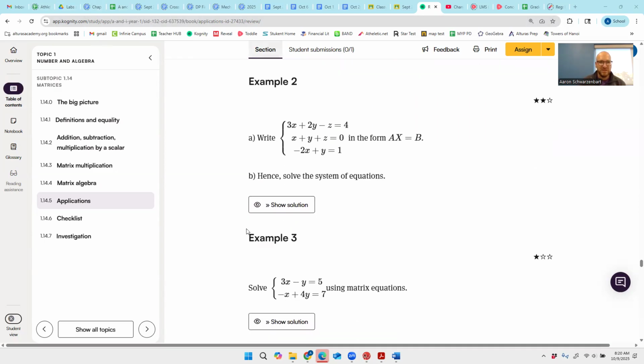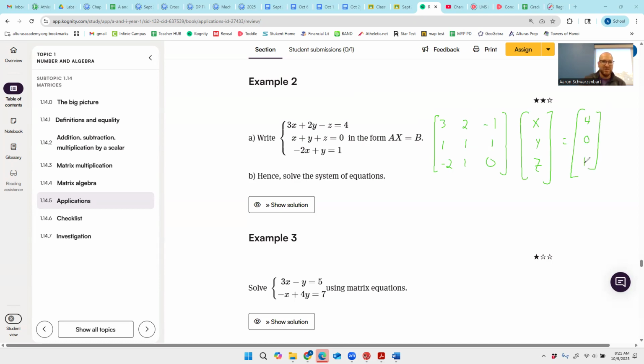So what this looks like, to write it in that form: 3, 2, -1, 1, 1, 1, -2, 1, 0, because there's no Z. So I'm actually writing it in the form it requests before I do that.